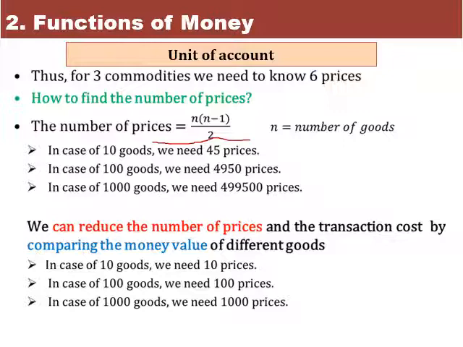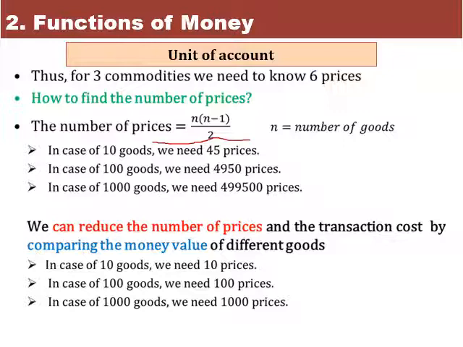Now imagine how hard it would be in a barter economy to shop at a supermarket with 1,000 different items on its shelves. If you want to decide which item is cheaper than the other, then for each commodity there will be 999 prices.